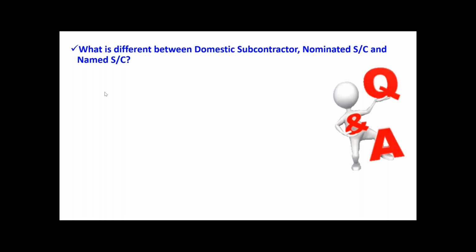The named subcontractor mean there are list of subcontractor names given on the tender or contract document. Like you can say it's also nominated, but if you want to appoint any contractor, domestic or nominated, you have to go with the approval process of the client. But named subcontractor mean there are say 1 to 10 names, like a vendor list we can say.